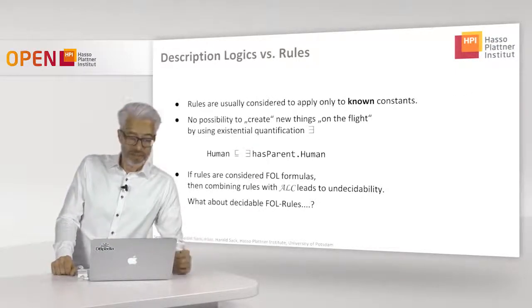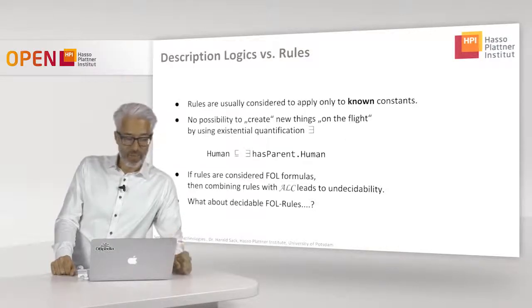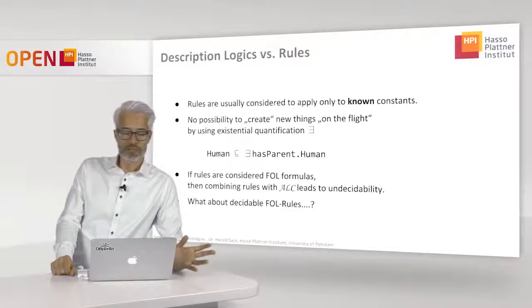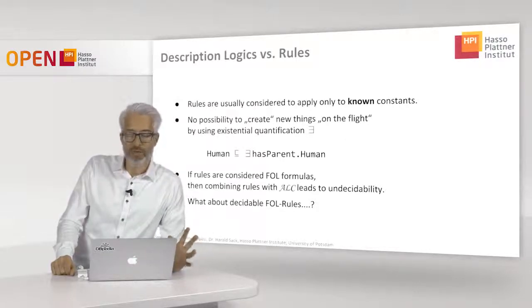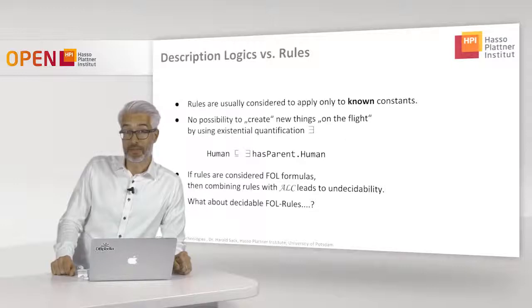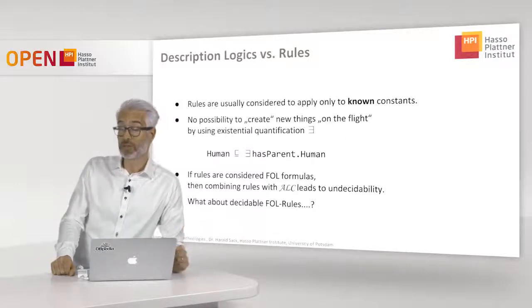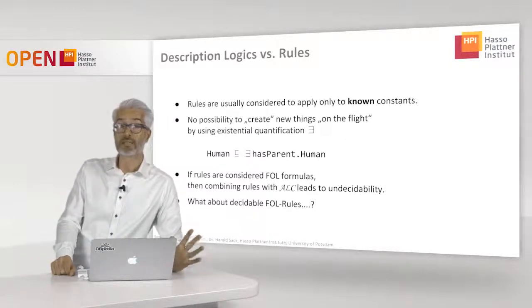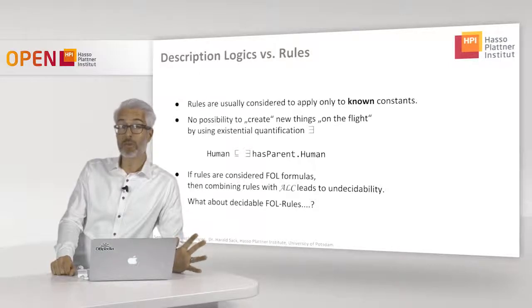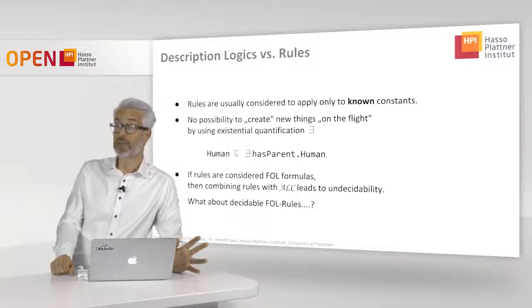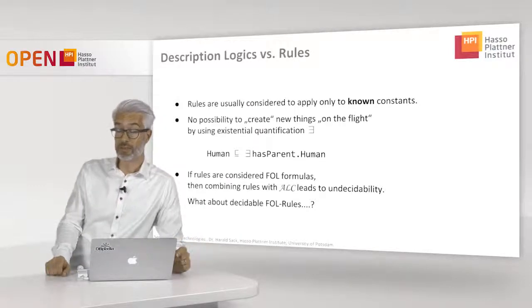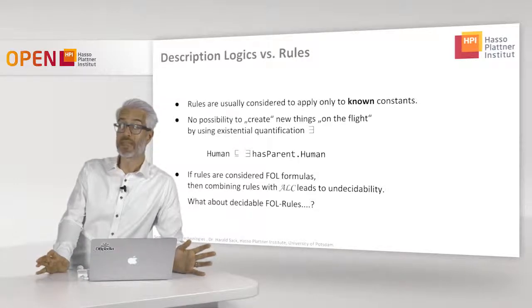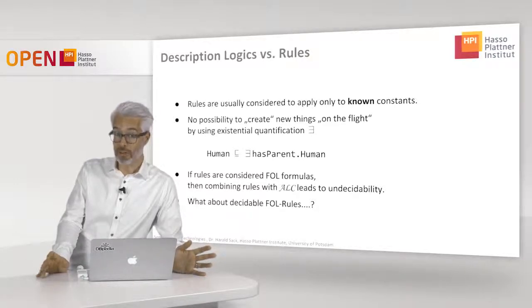Okay, so now let's compare description logics with rules. Rules are usually considered to apply only to known constants, so my entire universe is known beforehand. It's not possible to create new things on the fly with the help of existential quantification, because here we don't have existential quantification. All variables that you see are not quantified, which means they are considered to be universally quantified.